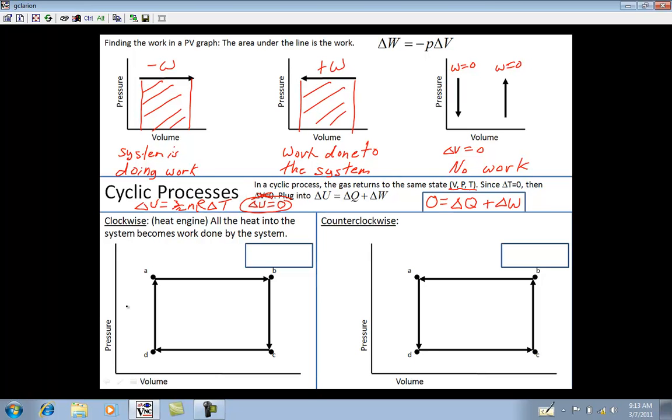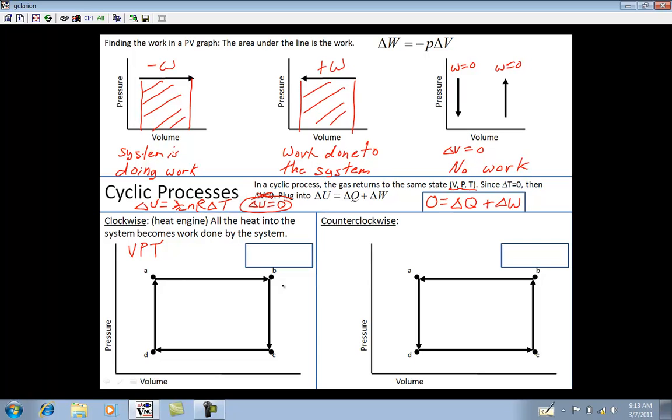All right. So let's look at this situation here, if we go clockwise in a cyclic situation. So here's A. At A, there's a particular volume, a particular pressure, and a particular temperature that we would have to solve for, or be given. Now, when I go from A to B, what kind of work is that?